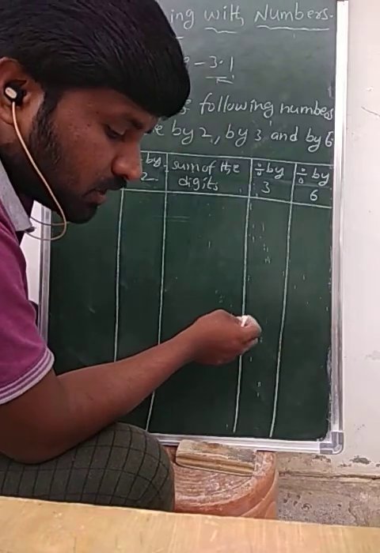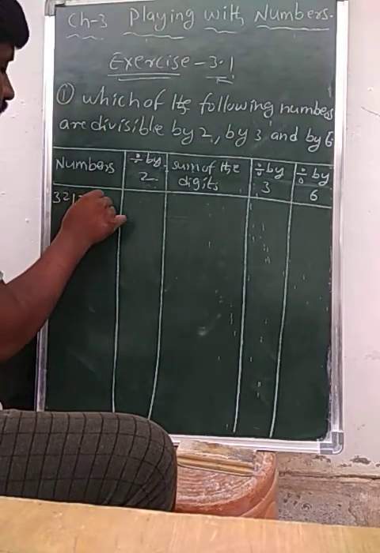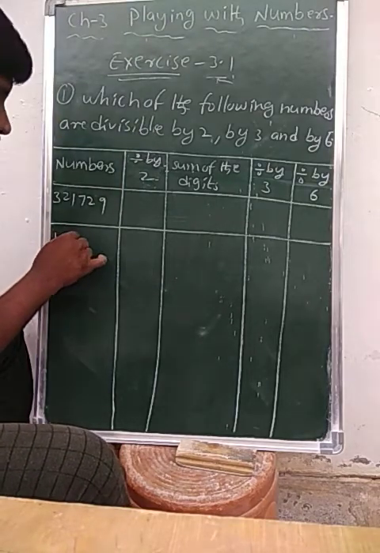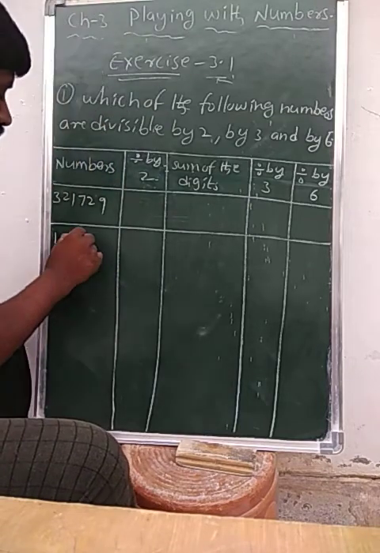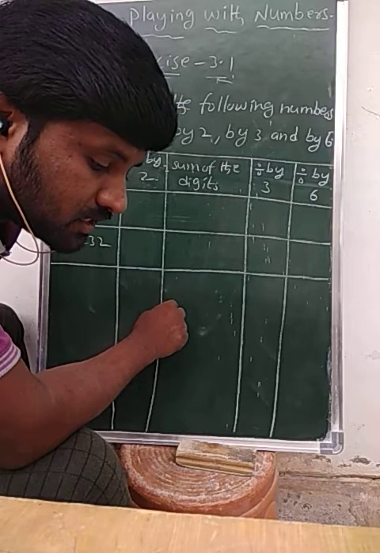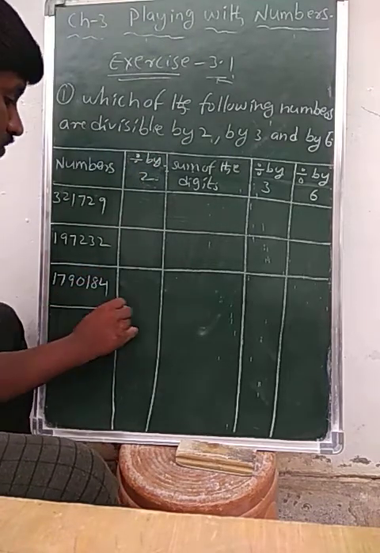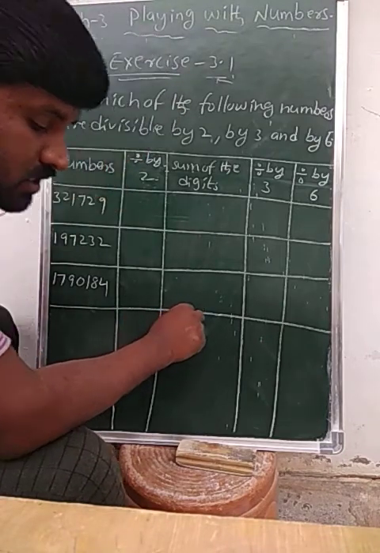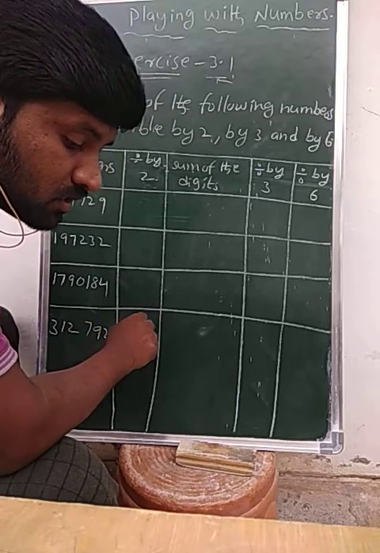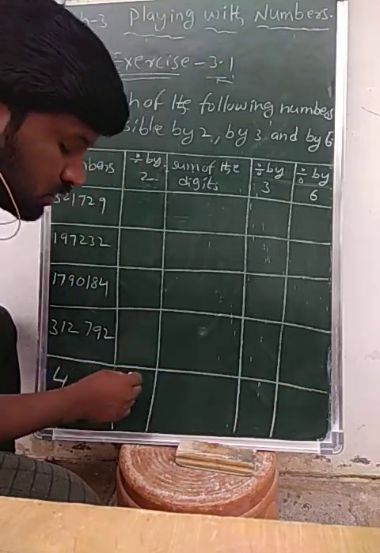The numbers are given: 3,21,729. This is the first number, and the second number is given 1,97,232, and the third number is given 1,17,90,000, 17,90,184, and the next number is given 3,12,792, and 4,335.